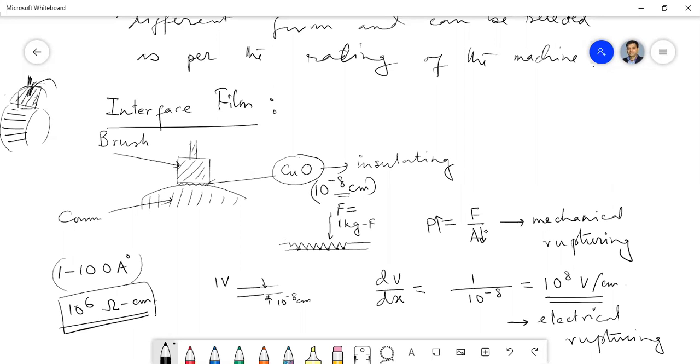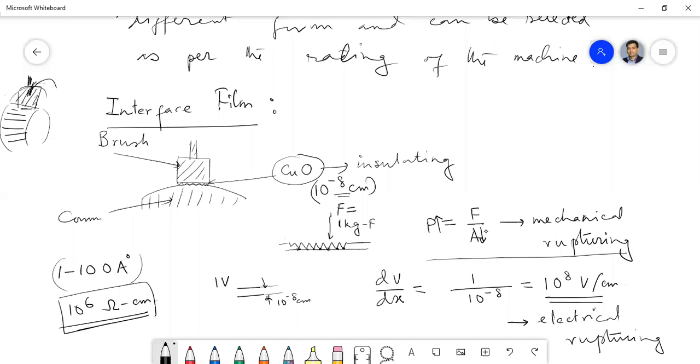Still, we have a good commutation process in spite of this very high resistivity of the cupric oxide, due to these two reasons.